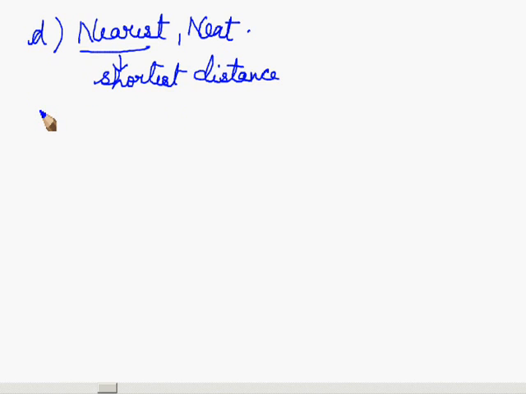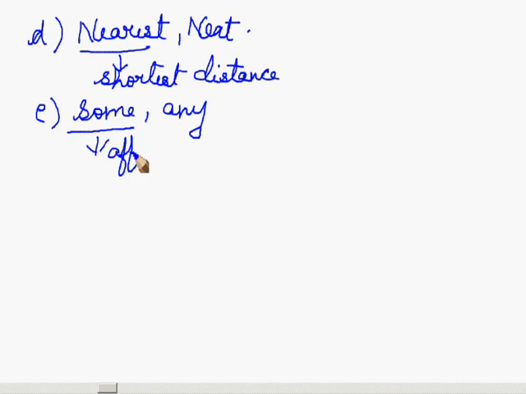Next, some, any. To express quantity or degree, some is used normally in affirmative sentences, and any is used in negative or interrogative.